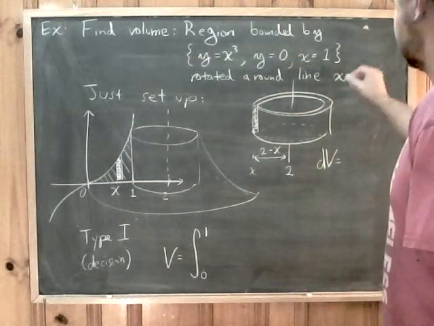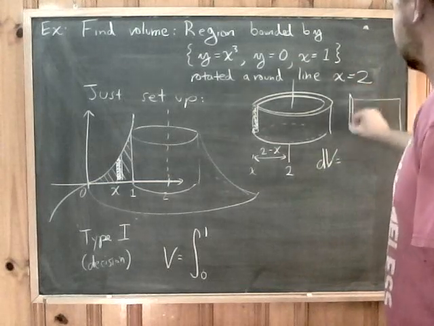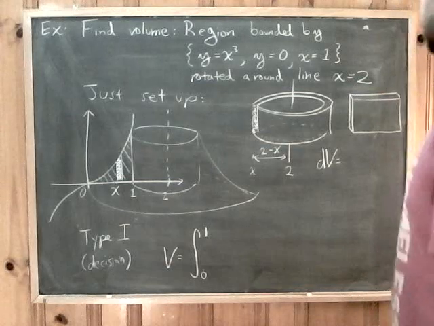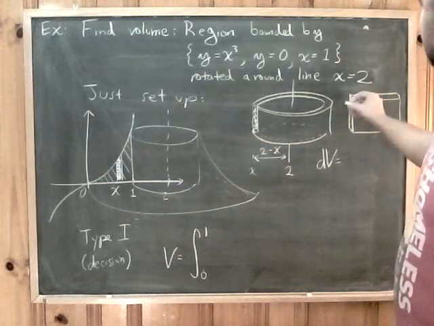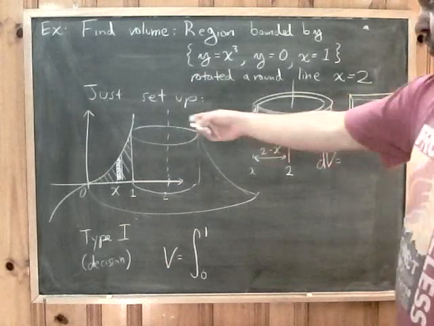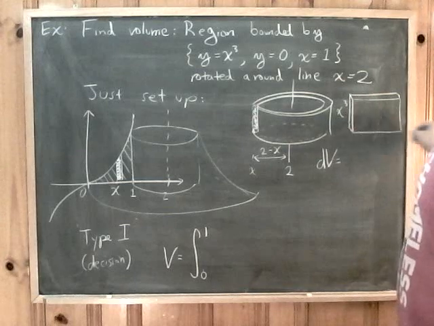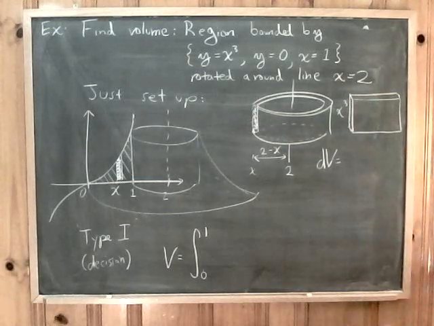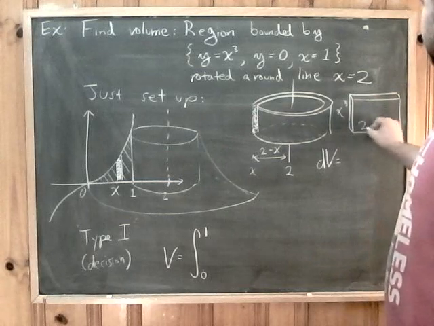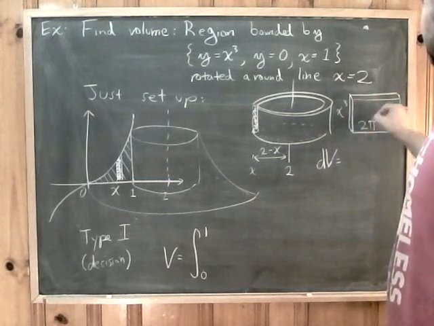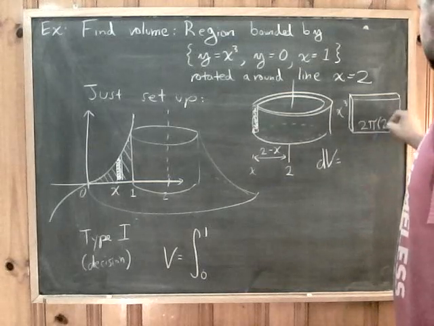When you slice it and roll it out flat, you get a big rectangular solid, and the height will be the same height as the other one, which is going to be x cubed, and the length is going to be the circumference of the cylinder. So the length of that is going to be 2 pi r, but 2 pi r will be 2 pi times 2 minus x.